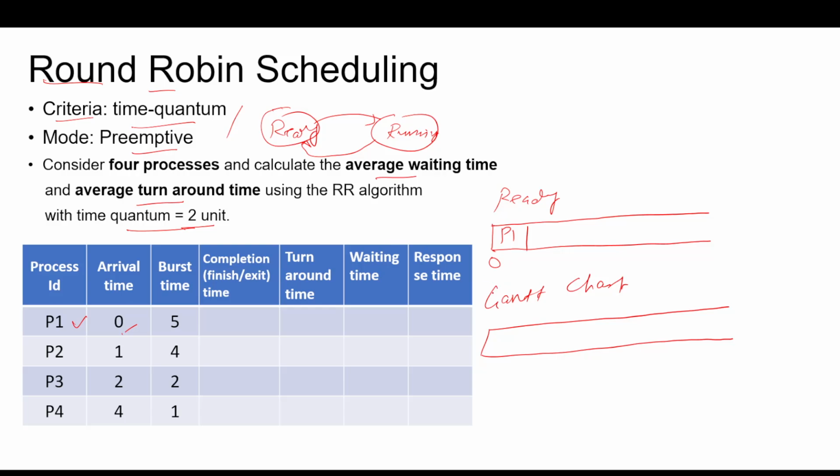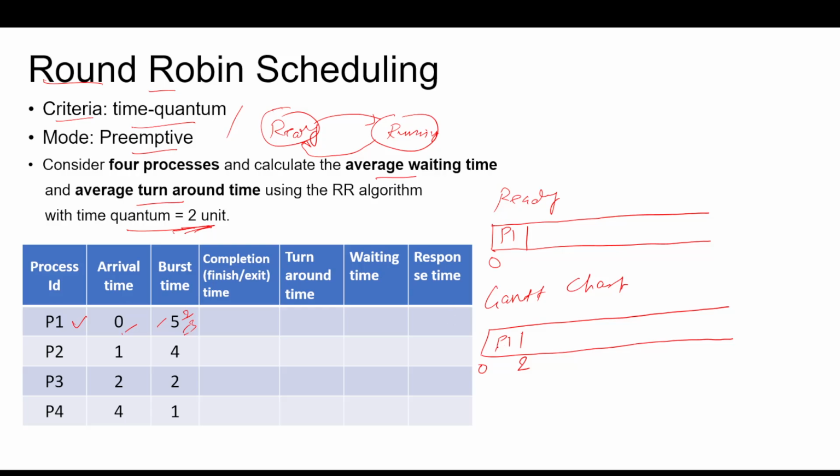So we will execute the P1 process first for 2 units, because our time quantum is 2 units. But see, the burst time of P1 is 5. That means when we execute that process for 2 units, we still have 3 units more. That means 5 minus 2 is equal to 3 units left for the process P1.